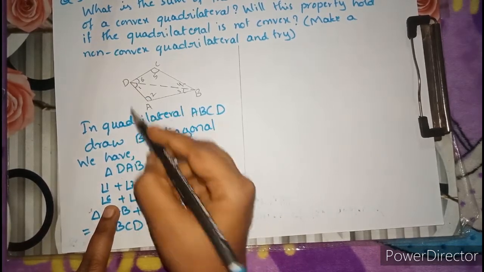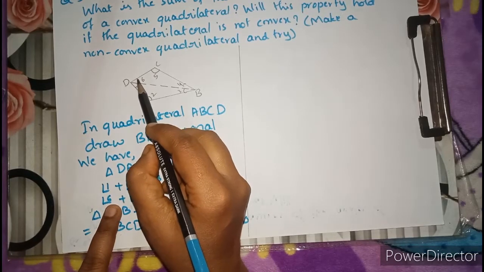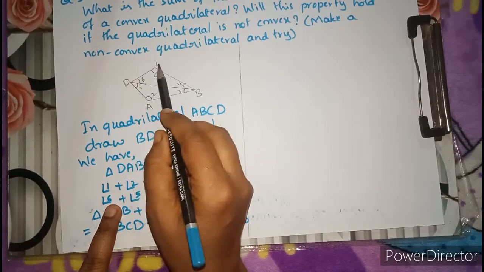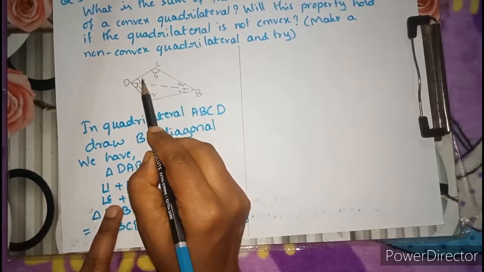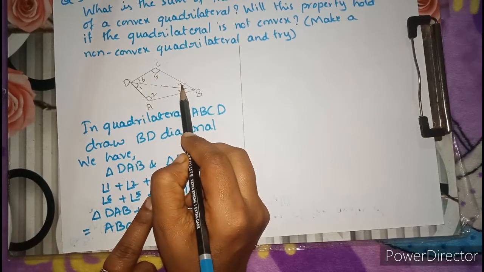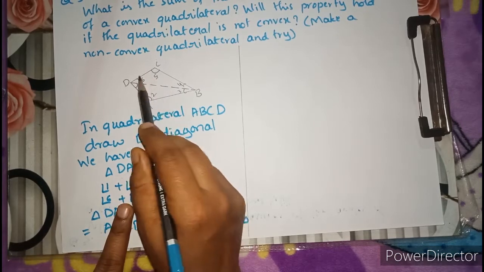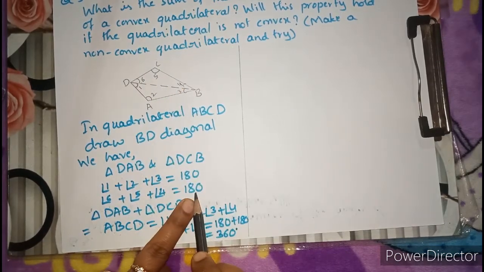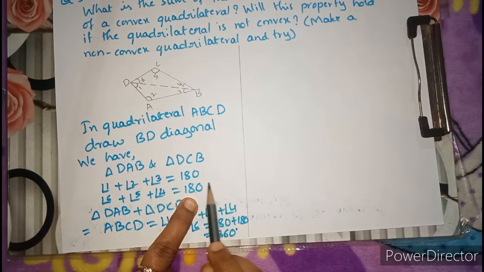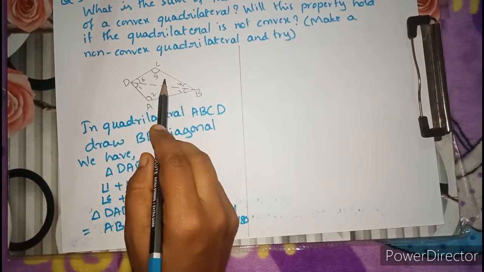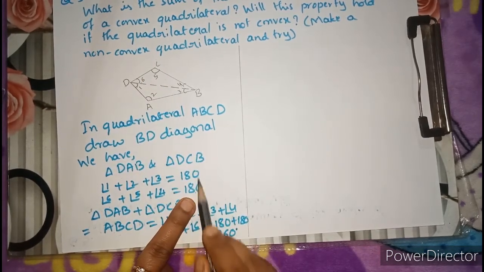In the same way, the sum of angles of triangle DCB, angle 6 plus angle 5 plus angle 4, is equal to 180 degrees. This is also by the angle sum property of a triangle.